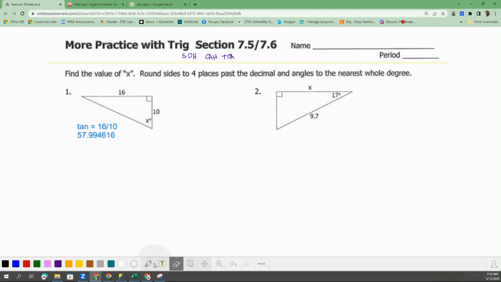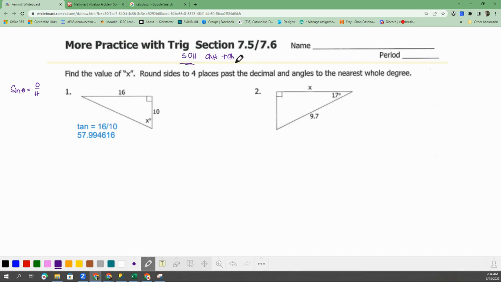Okay, so I don't know if you use it in class, but we have this acronym called SOH-CAH-TOA, which helps you memorize the formula if you haven't done so. So the SOH part means sine of your reference angle equals opposite over hypotenuse.